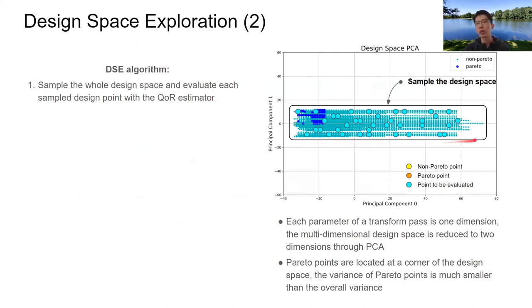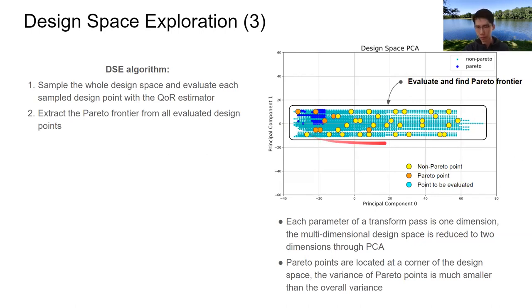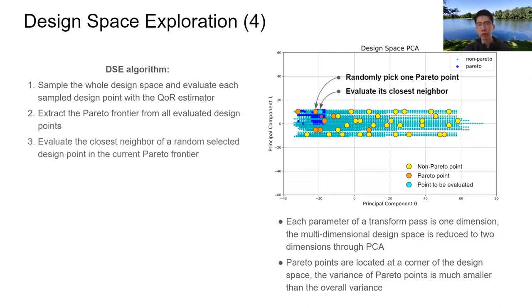For example, here we sampled a set of design points in the design space, and we evaluate the performance, the latency, and resource utilization of each design point, and find the Pareto frontier of this set of design points.